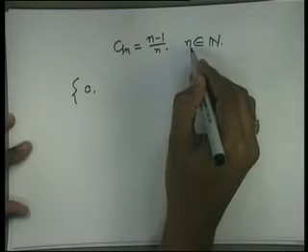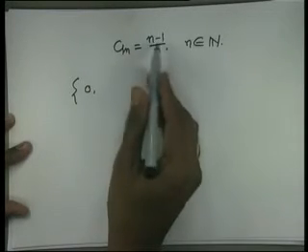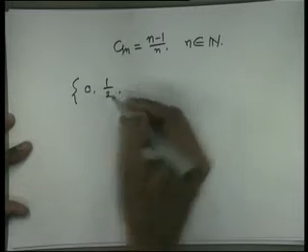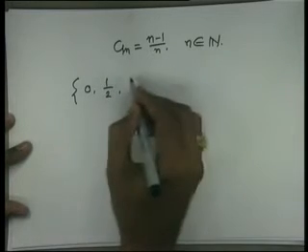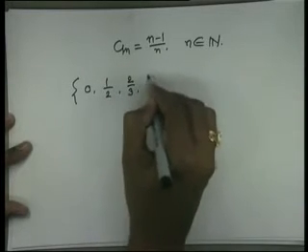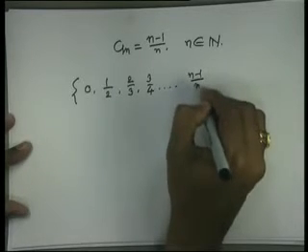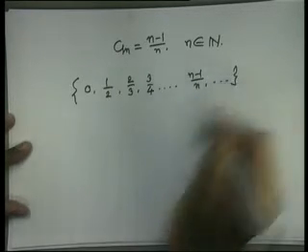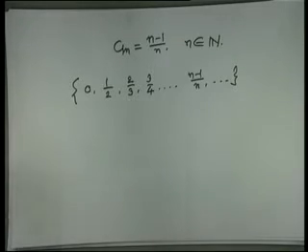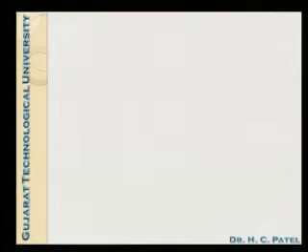When n equal to 2, it is 1 upon 2. When n equal to 3, it is 2 by 3, then 3 by 4, and so on. So the nth term is n minus 1 upon n. This is an example of a sequence. Slide please.